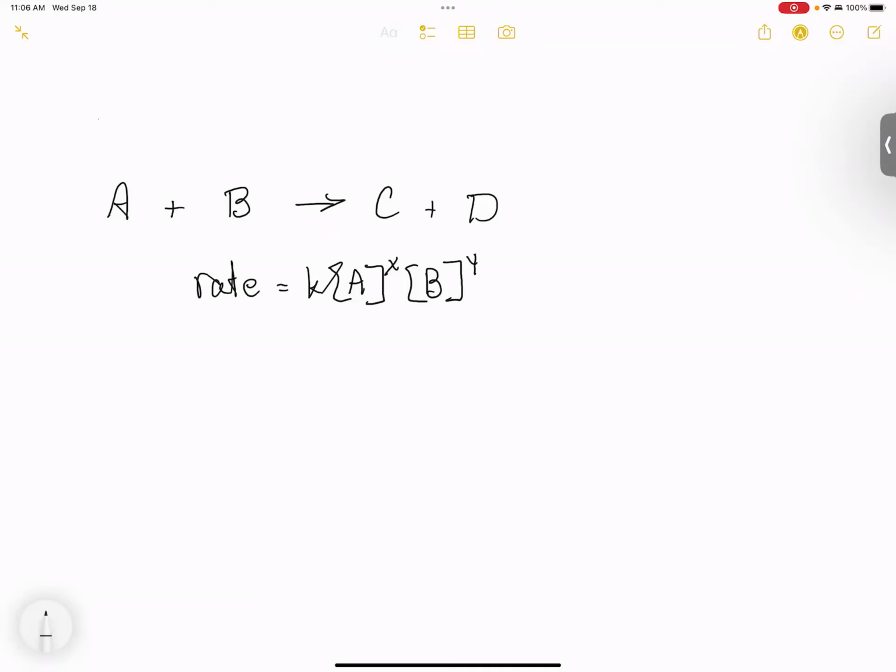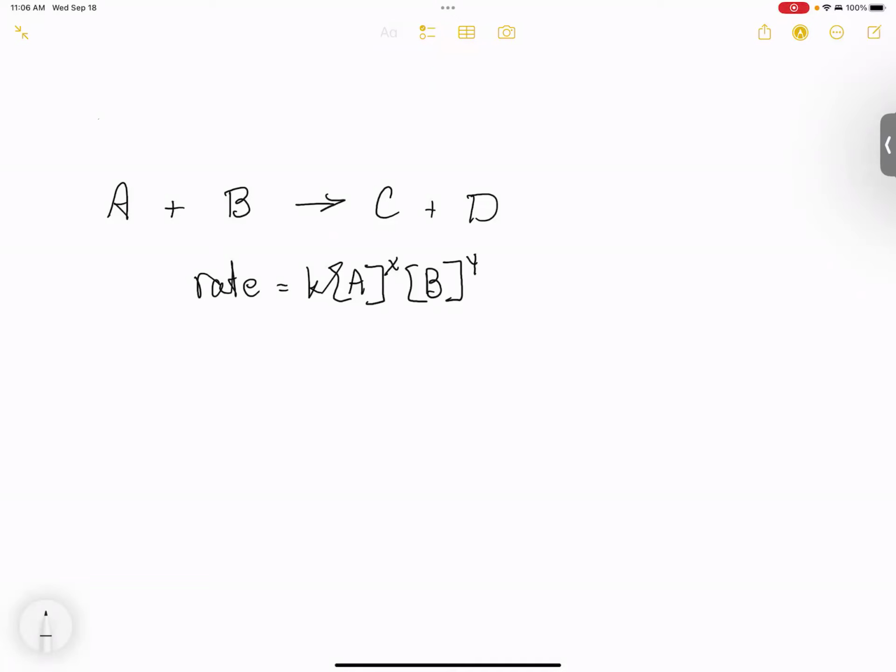The order can be 0, 1, 2, 3. It can be a half. It can be a -1, -2. In other words, there isn't a specific numerical digit or type of digit that the order has to be.